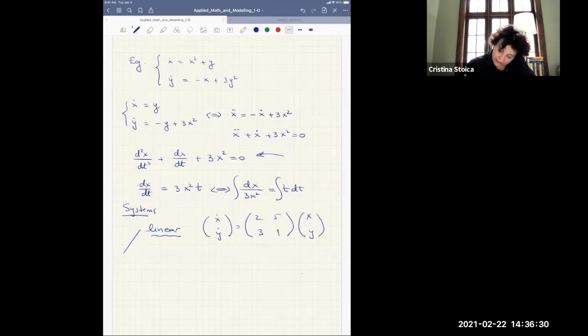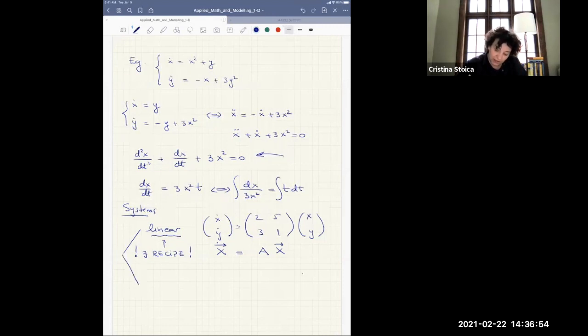It's something that looks like x dot equals Ax. And these don't have to be 2 by 2, they can be any dimension. For these ones, yes, there is a recipe. And surprise, surprise, the recipe involves a lot of linear algebra, because it's linear systems.